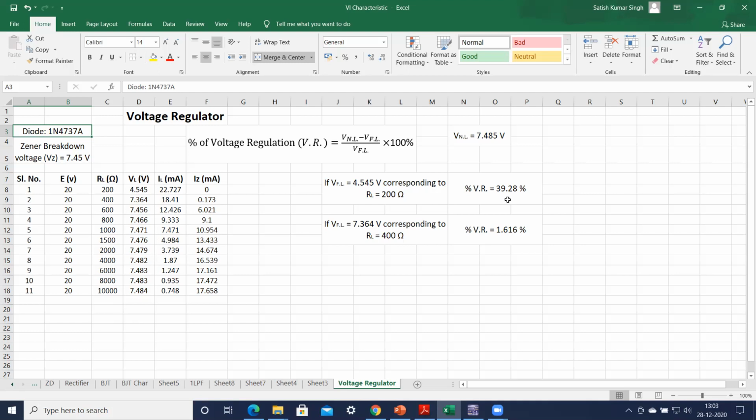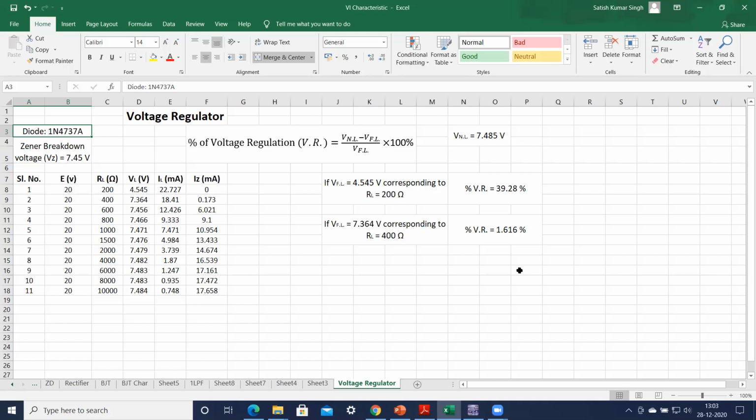Once you calculate this, this will be the percentage of voltage regulation. Let us say the variation of the load was from 400 ohms to 10 kilo ohms. Then your full load voltage will correspond to 400 ohms, and that value is 7.364 volt. So you can calculate the percentage voltage regulation. If you calculate from this formula, you will get 1.616%.